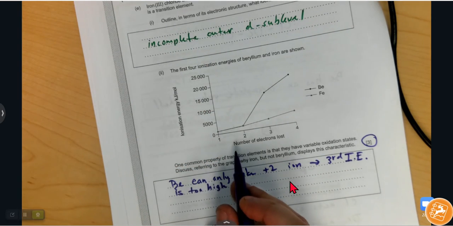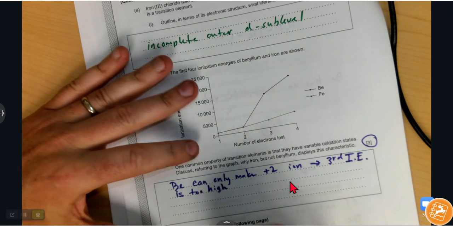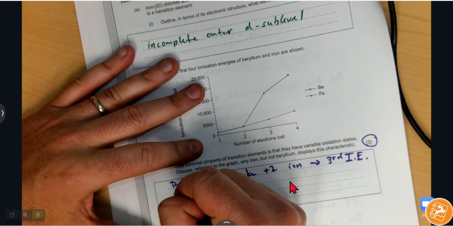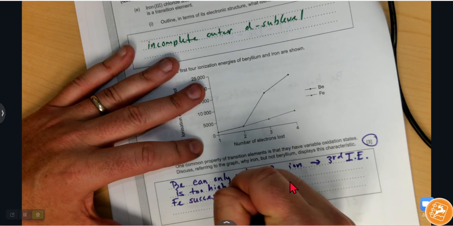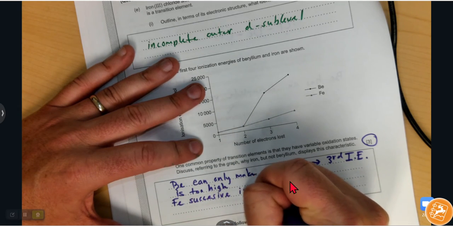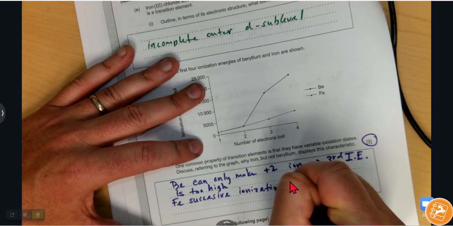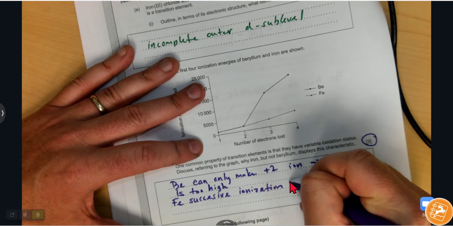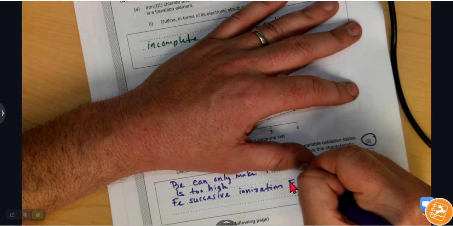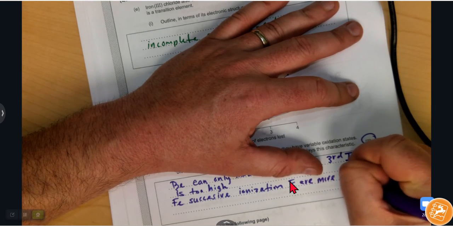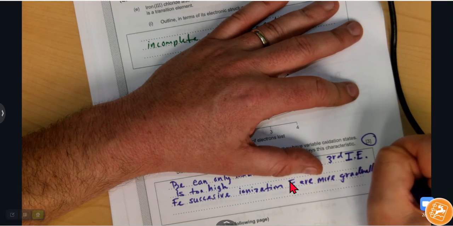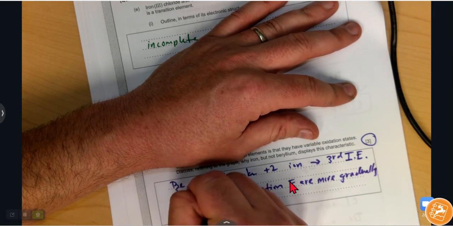Okay, but if we look for iron, I'm going to say in iron, successive ionization energies are more gradually increased, I guess.